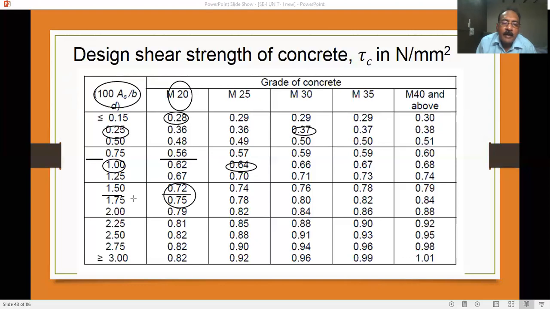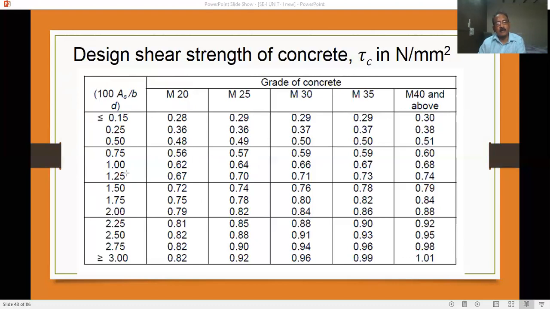By interpolating these values, you will get different values for different percentages. So this table purely depends upon your percentage of tensile reinforcement and grade of concrete.